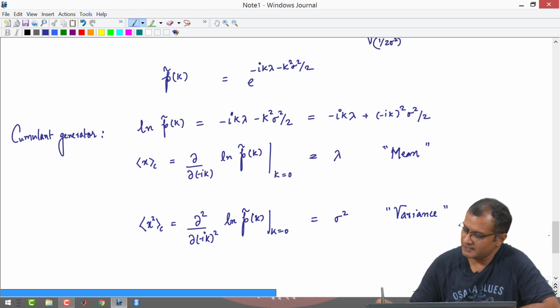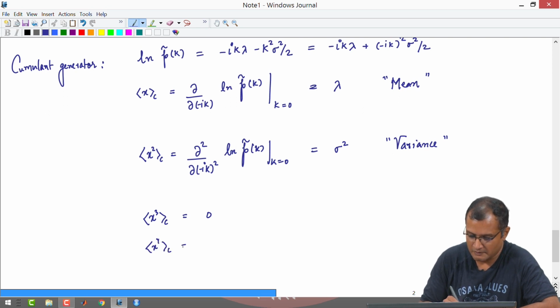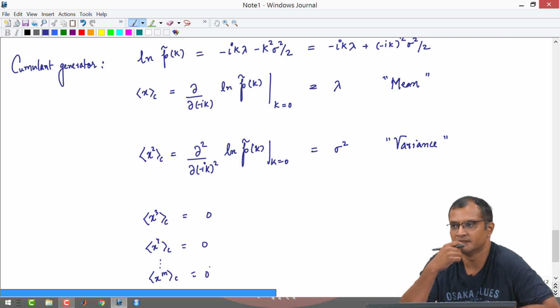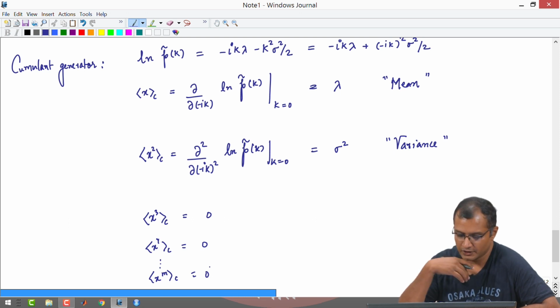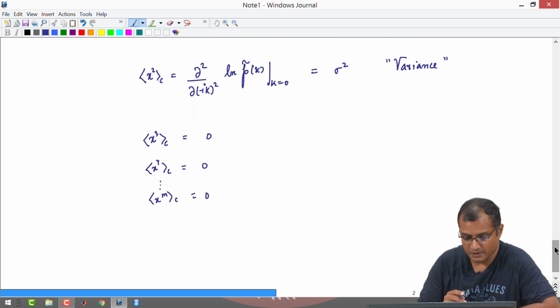And you can see any other derivative, third cumulant, fourth cumulant, all other cumulants are 0, because you do not have terms which are above quadratic in k in the cumulant generating function. Okay. So, this is a beautiful property possessed only by a Gaussian distribution.